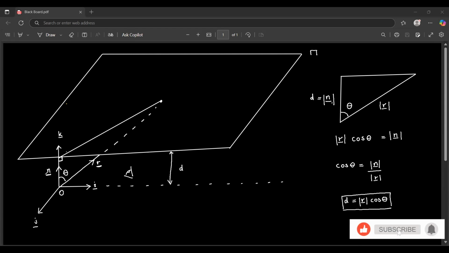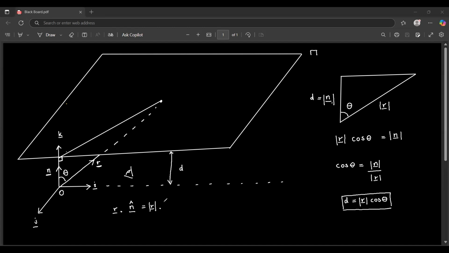Now let's say the unit vector of n can be given using this notation. We know that r dot the unit vector of n can be given as modulus of r into modulus of the unit vector of n into cos theta, the angle between the vectors r and n.